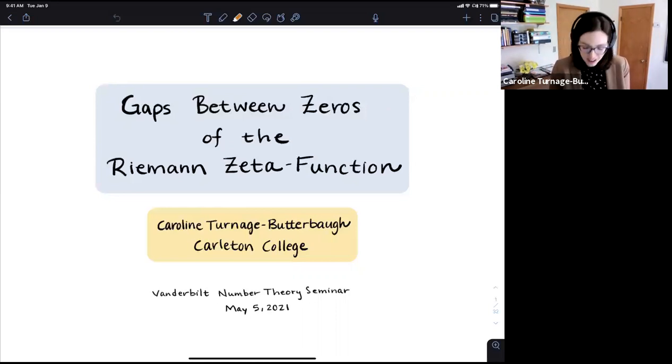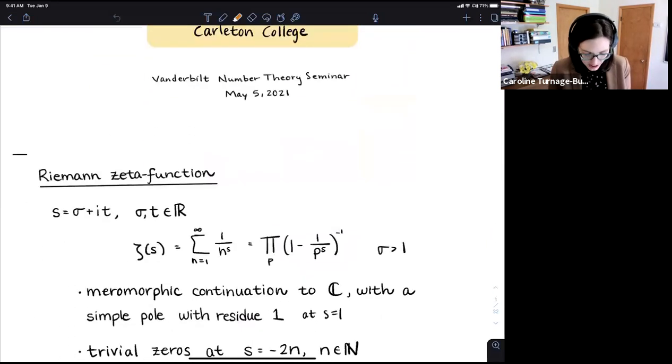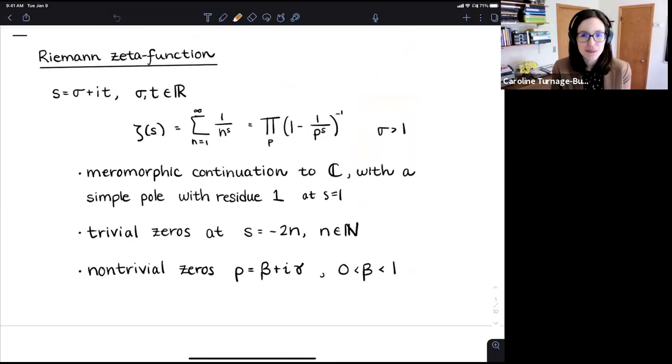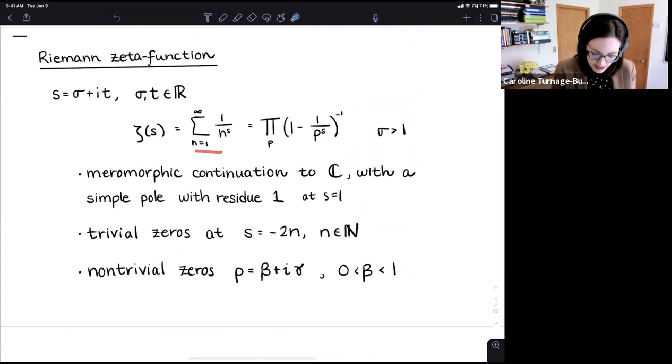Okay, so to get started, we have to remind ourselves about the Riemann zeta function. So we have the Dirichlet series, we have the Euler product. The zeta function has meromorphic continuation to the complex plane, with just one pole, a simple pole with residue 1 at s equal to 1. Now, the so-called trivial zeros come from the functional equation.